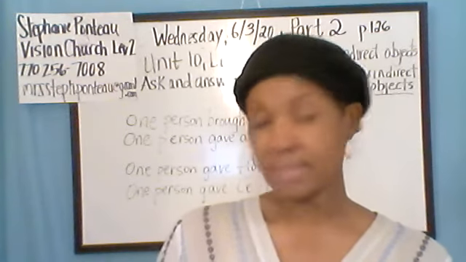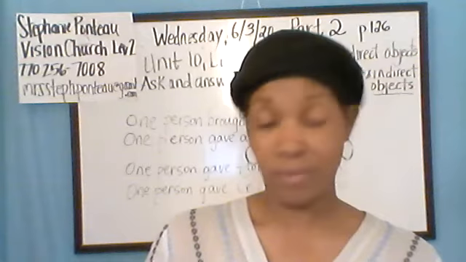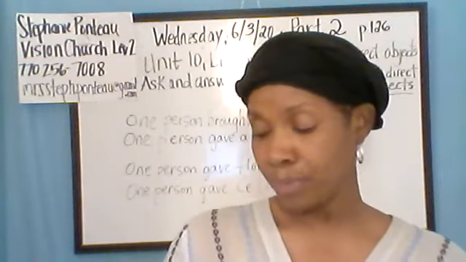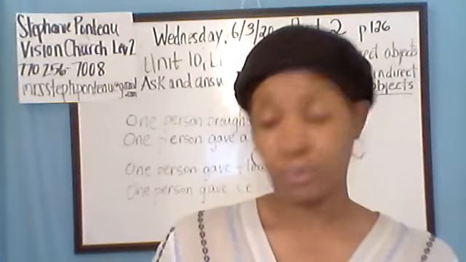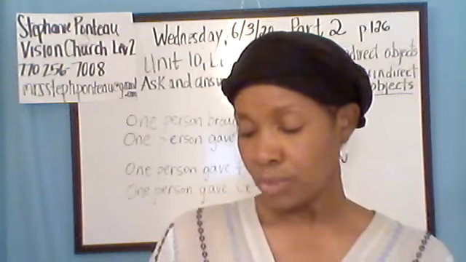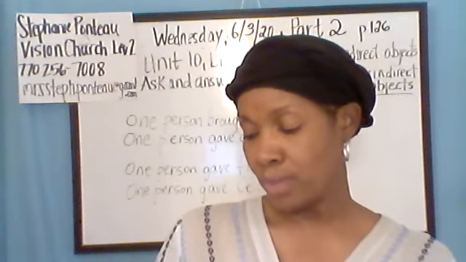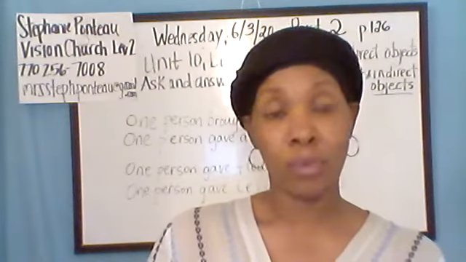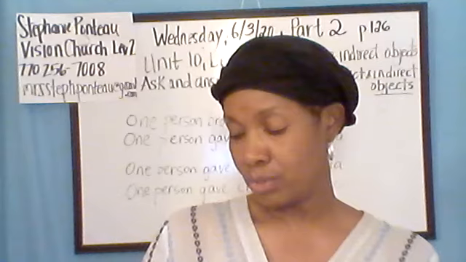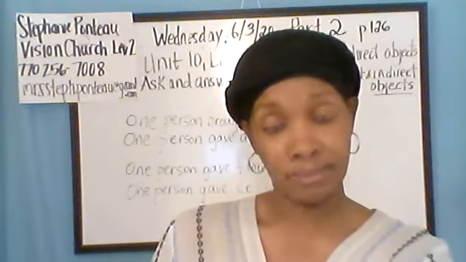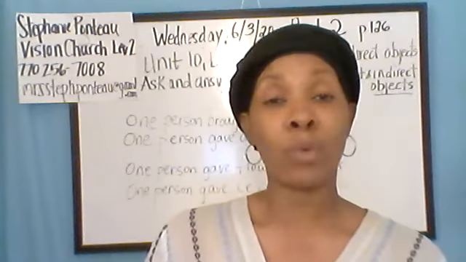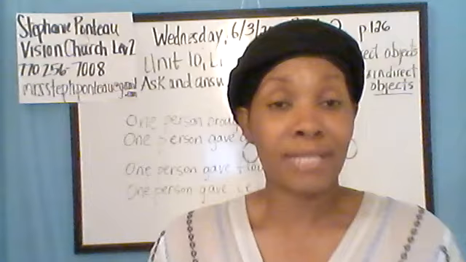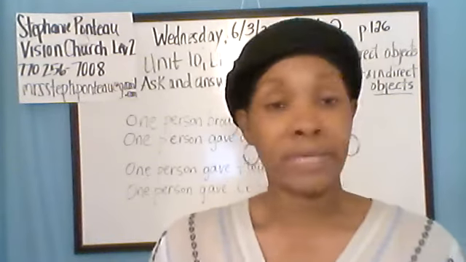Now let's look at the next little bubble there, giving us some more grammar information, some tips. Give plus to. So whenever you use give, you use to and you buy for. So give to someone or buy for someone. You wouldn't say buy to or give for.